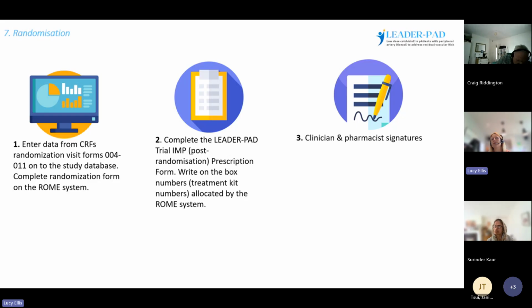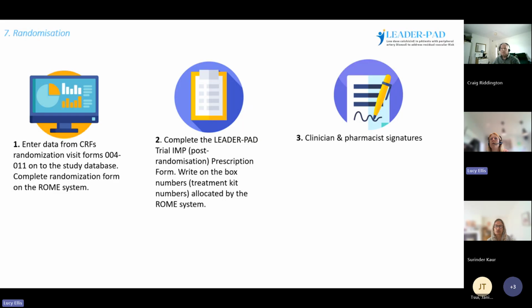Once you've got those kit numbers, the Roam system will fire off an email to everyone on that system with a notification of the kit numbers that are to be dispensed. Again, if there are time constraints, you can enter the data on the database after the medication has been dispensed to the participant, as long as you complete the information on paper first.